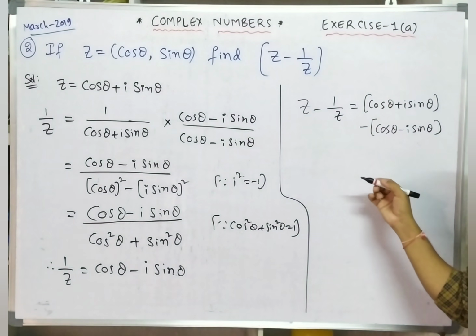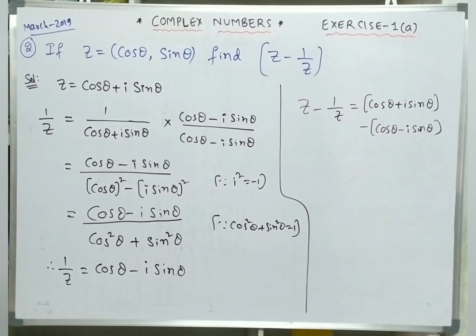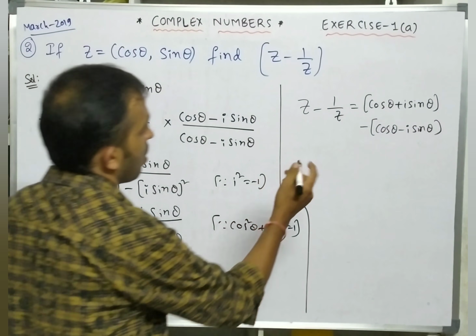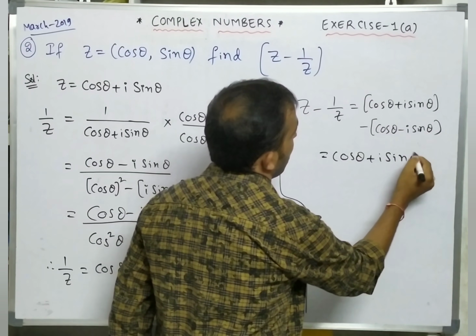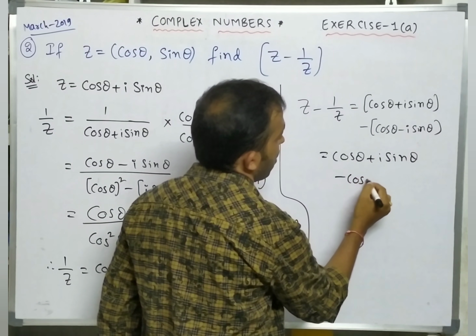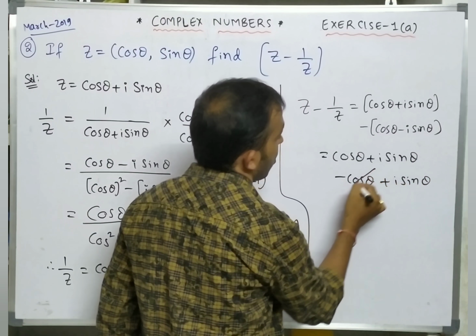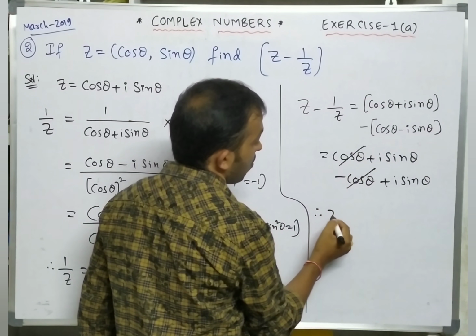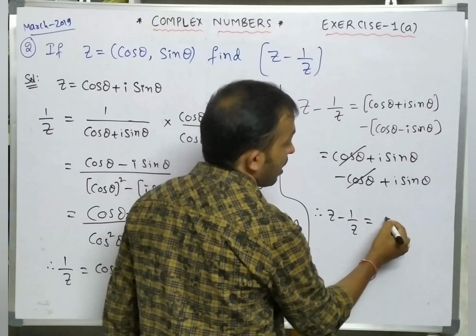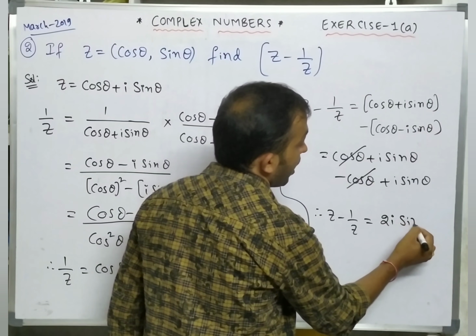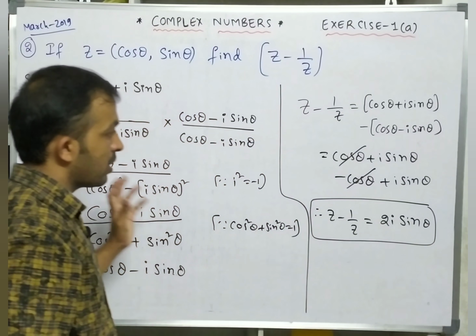Now cos theta plus i sin theta minus cos theta, minus into minus plus i sin theta. Cos theta gets cancelled. Finally z minus 1 by z is equal to i sin theta plus i sin theta, 2i sin theta. So this is the answer. If you write like this, you will get 2 marks.